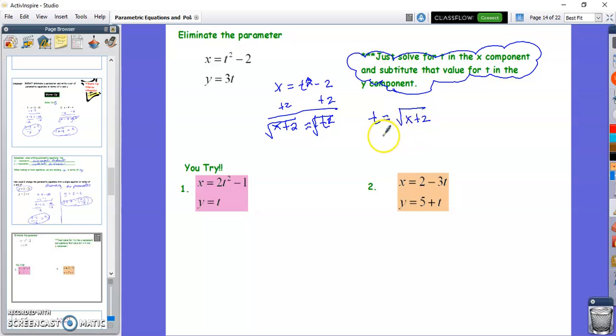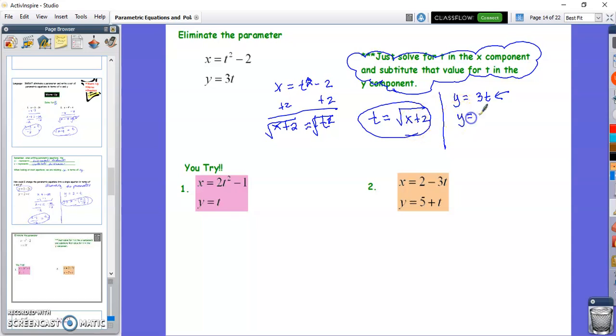Now, once I solve for t, my next step is to substitute for t in the y component. My y component is equal to 3 times t. Since my t is equal to this, I'm just going to replace it with whatever my t is from the x component.